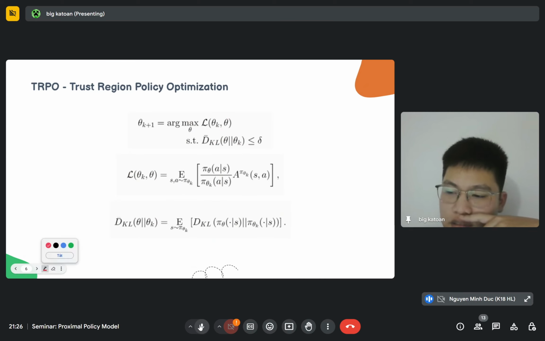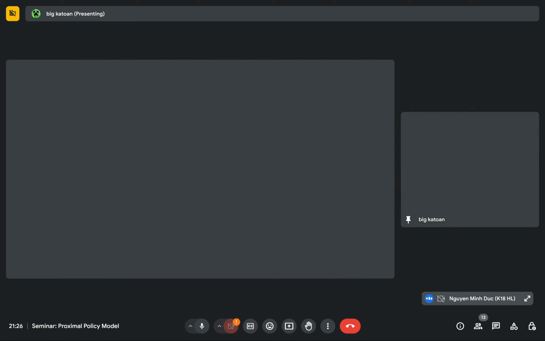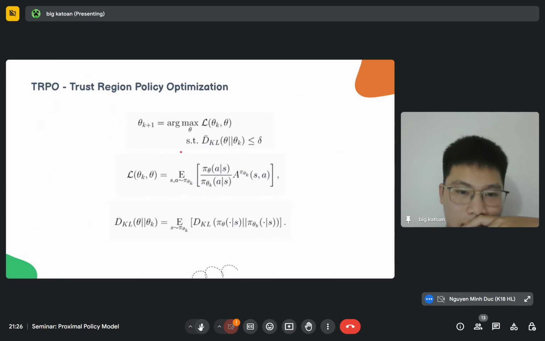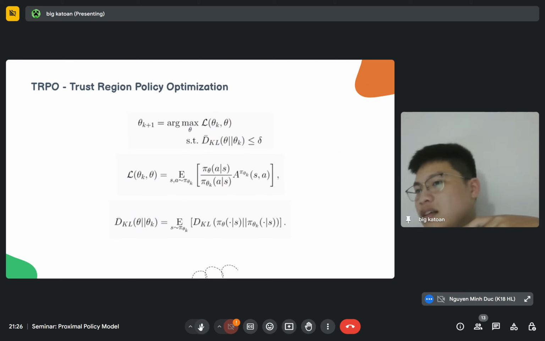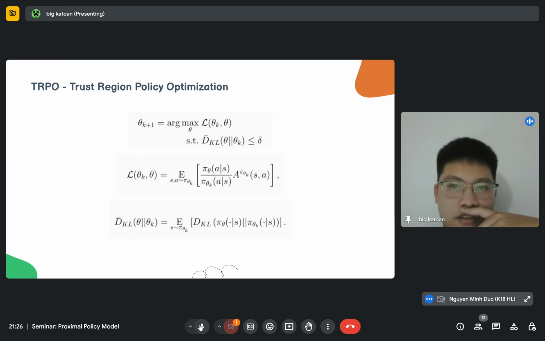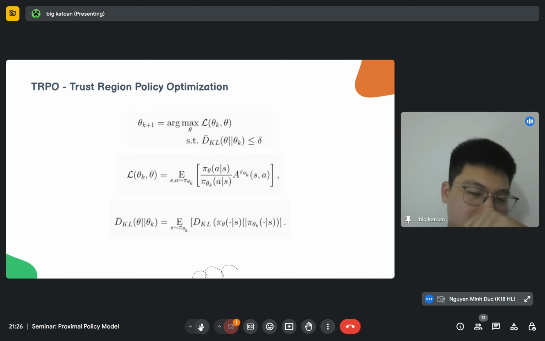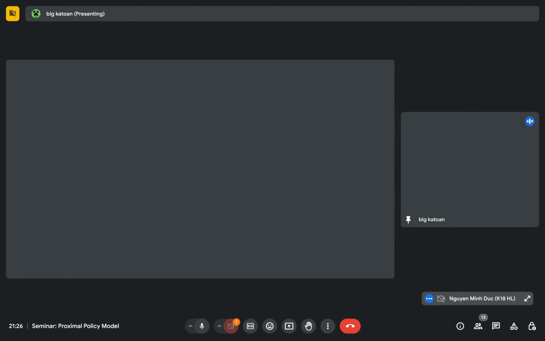Okay. Does KL stand for Kullback-Leibler loss, right? I don't really remember the KL loss, but it has the same purpose as a cross entropy loss, right? No, no. Yeah, it's the Kullback-Leibler.